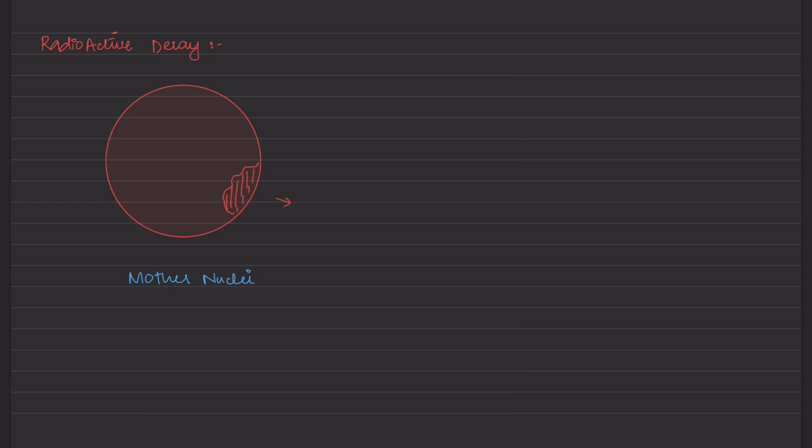The mother nucleus, or parent nucleus, is now going to turn into a daughter nucleus, and right here we have these tiny particles which we call decay products.